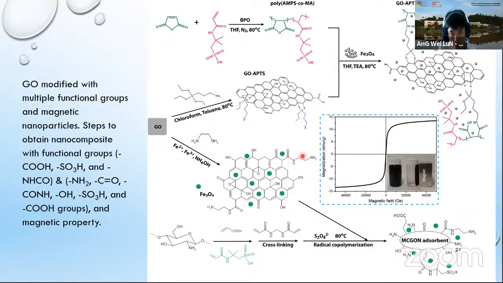So you see you have a nitrogen functional group attached to the graphene oxide. And here we have other cases where the graphene oxide is being combined with the silica because of the reactive functional groups. And then you have some other functional groups here, okay, sulfate and so on. So this graphene oxide is a very versatile material. You can do a lot of functionalization. You can introduce different types of functional group on it.